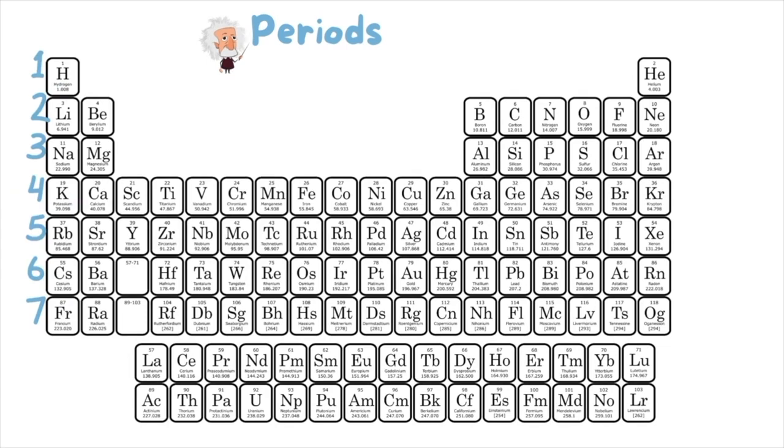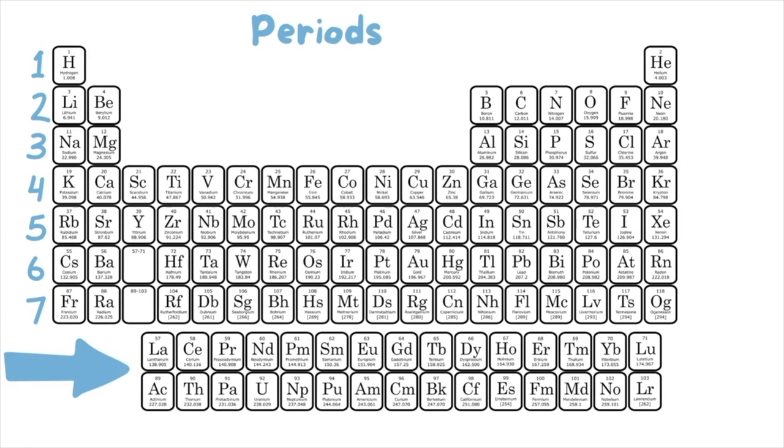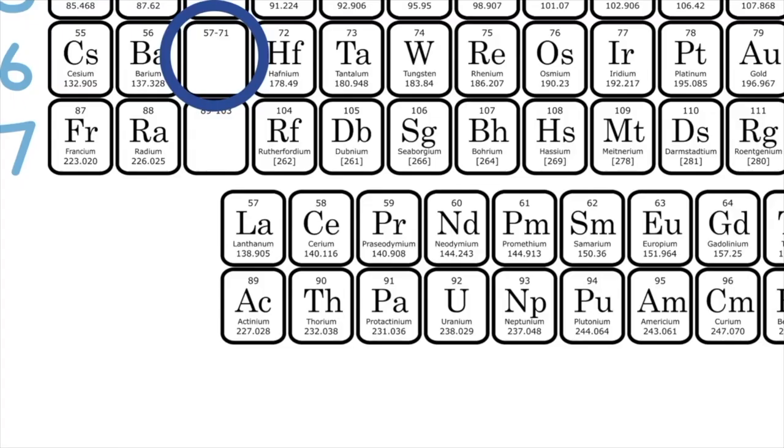So you might be looking at the bottom 2 rows and wondering, where do these go? Well, they're actually part of row 6 and row 7. Some periodic tables will put them at the bottom here just to save some space and make the periodic table look more compact. But if we look close, we see on row 6, there is a space here that says atomic numbers 57 to 71.